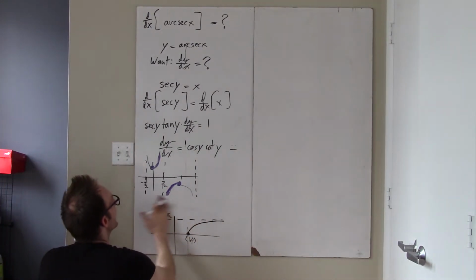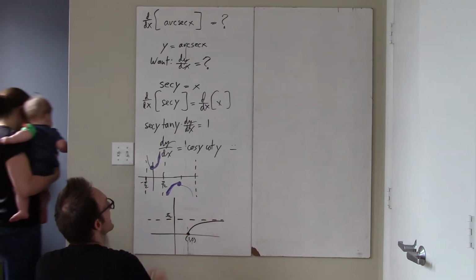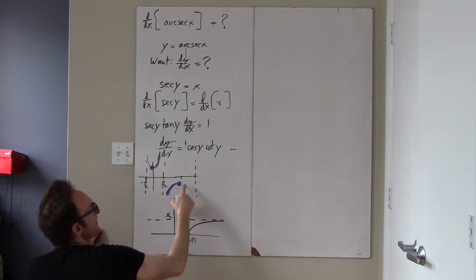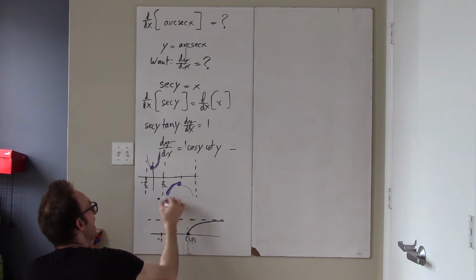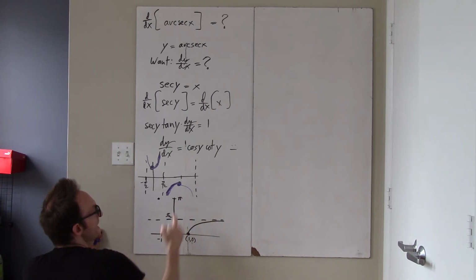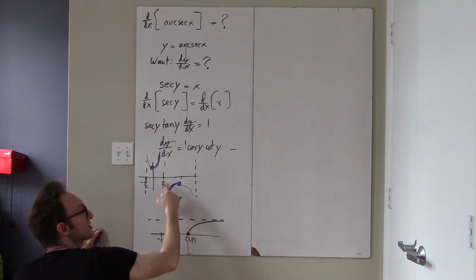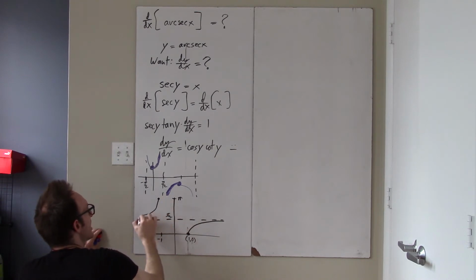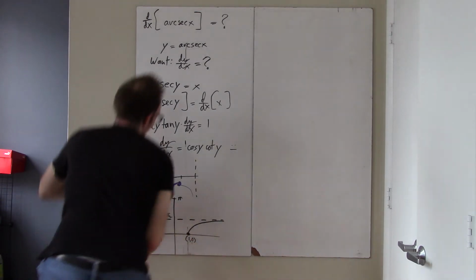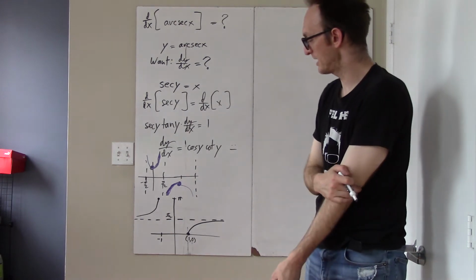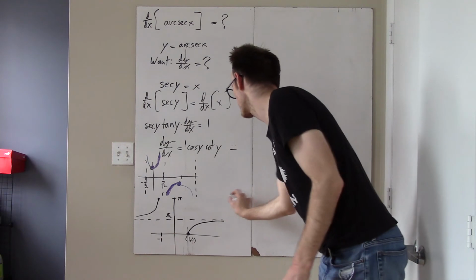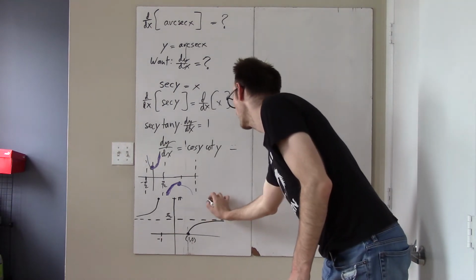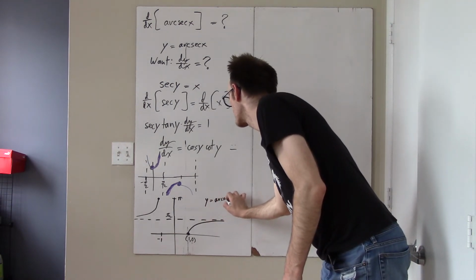And now, continuing this up here, if I plug pi into secant, I get -1. So when I plug -1 into secant, I get pi. So that's like pi up there. And now if x is a little bit more than pi over 2, y is -infinity. So as x goes to negative infinity, y will approach a little bit more than pi over 2. Okay, so this is the graph of arcsecant x.